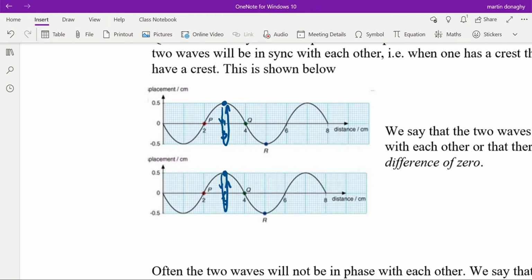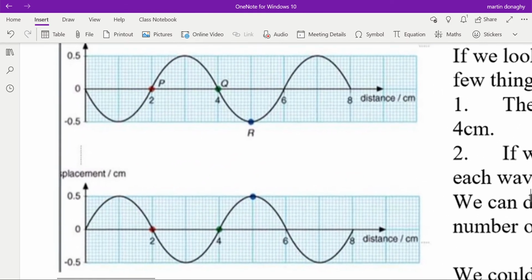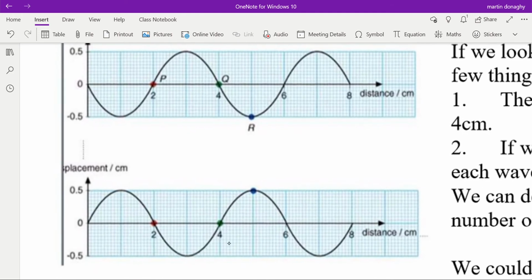Now, if we contrast that to the second set, if once again we go to the 3 centimeter point on both these waves, you should see now that it's not true. Everything else about these waves is identical: same wavelength, same amplitude. However, here and here, they're not doing the same things.